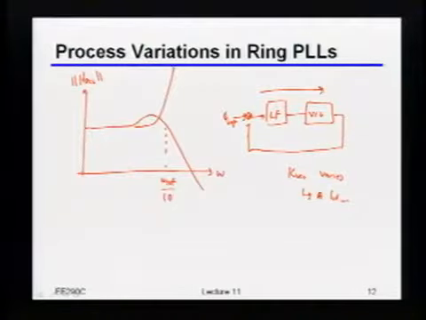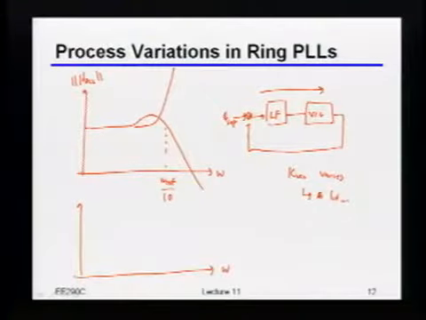Okay, so now if you really had to do this design, given that you know that it varies, what do you do? Where do you put that bandwidth? And by the way, let's say the KVCO can vary by, I don't know, plus or minus 100%. So let's say it can be a factor of 2 larger or a factor of 2 smaller.